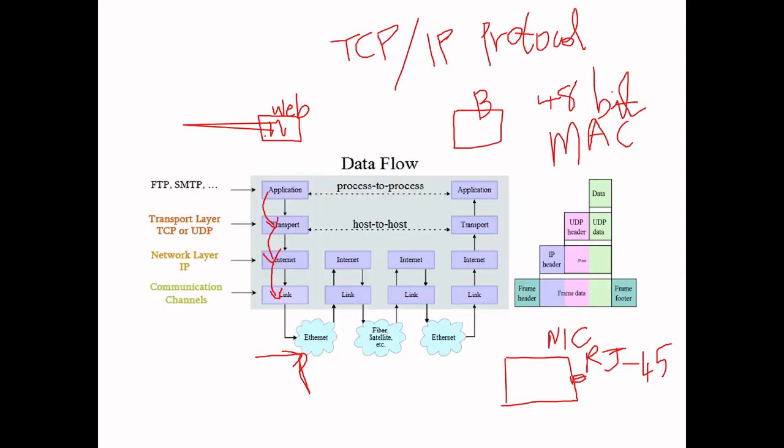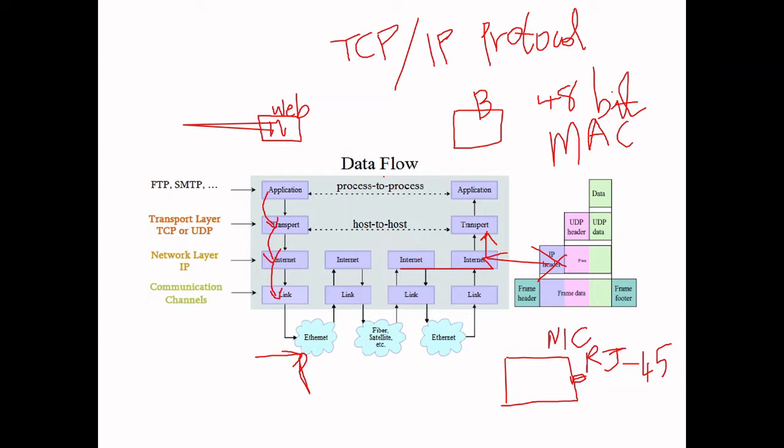If a packet comes here, at the network level it's called a packet, and you remove the packet header and send the remaining data part to the higher layer, how do you know which process has to get this data? Because you have multiple processes running here. That is identified using what is known as a port number.